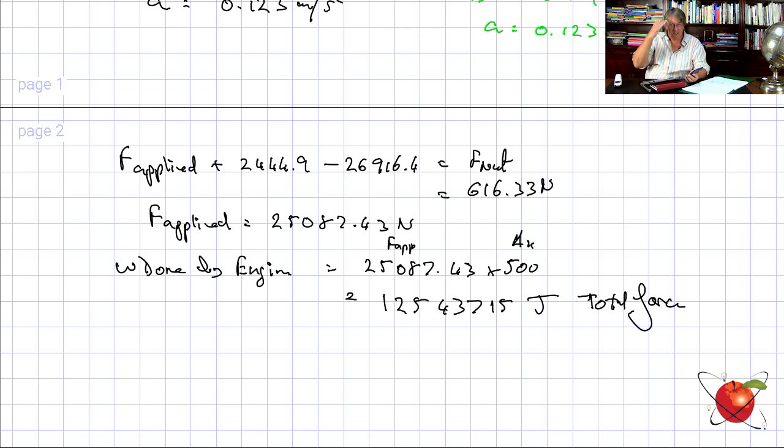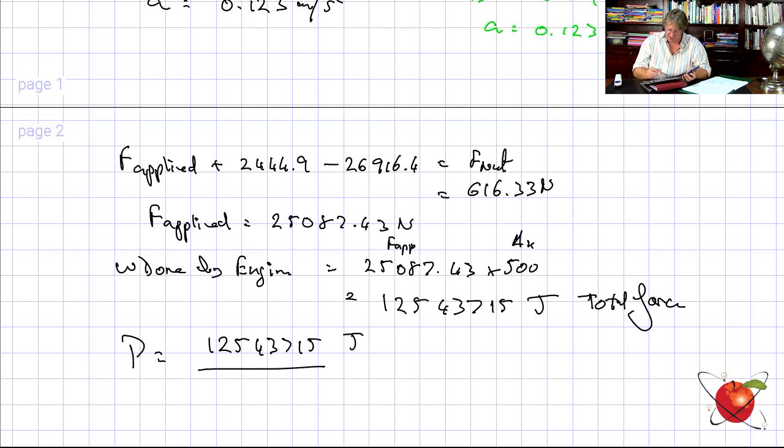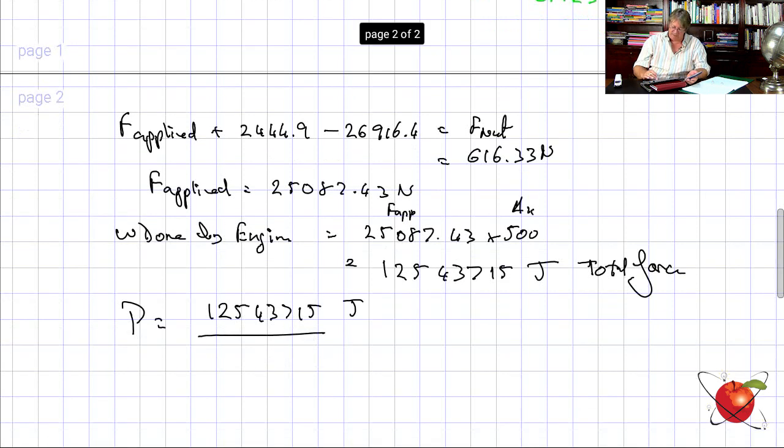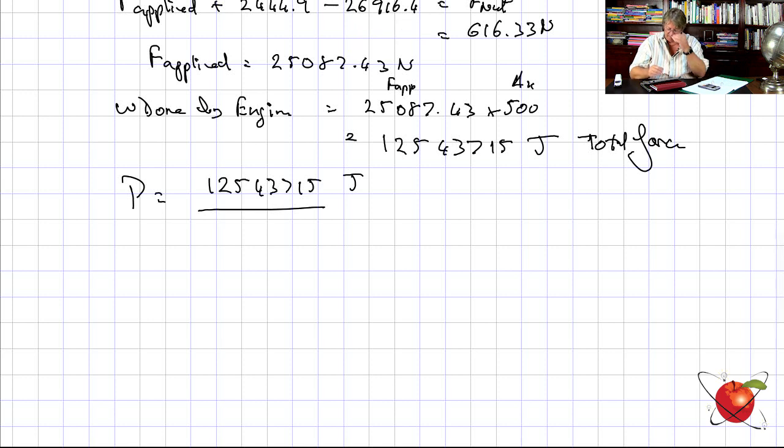If you just think about these, they're very logical. Therefore, the power is equal to work done by the engine, 125,437.15 joules, over time. Whoa, guys, time. How do I find time? Hold on. I've got here that V final is equal to V initial plus AT.